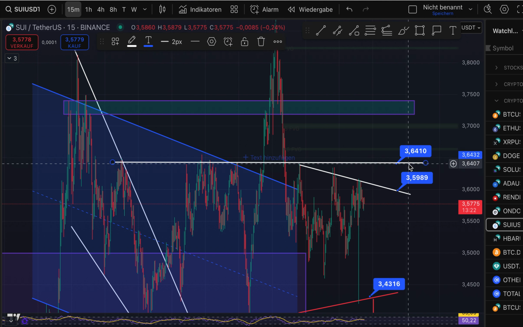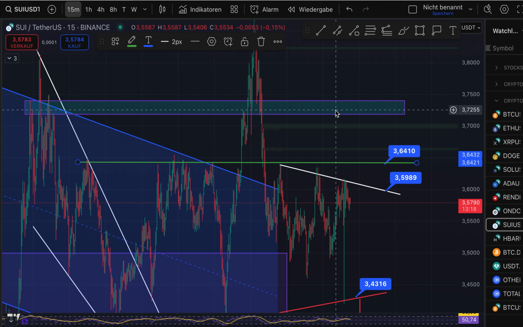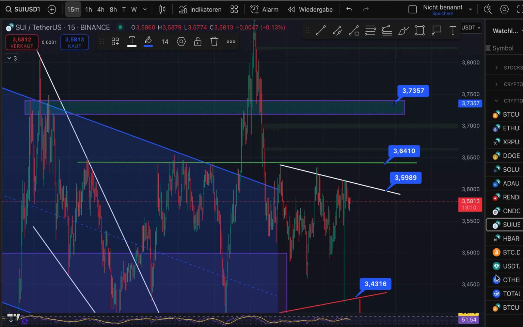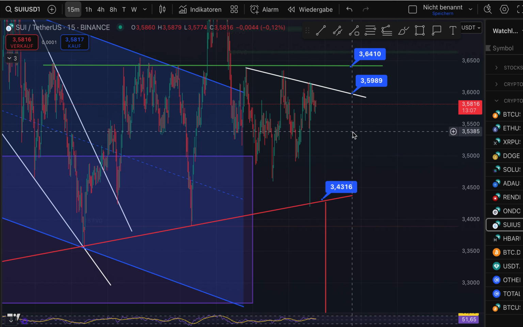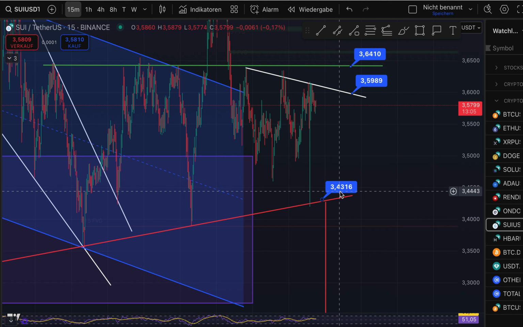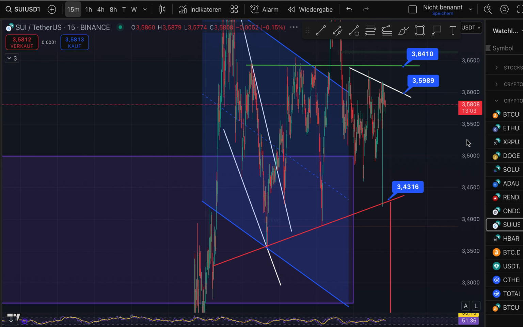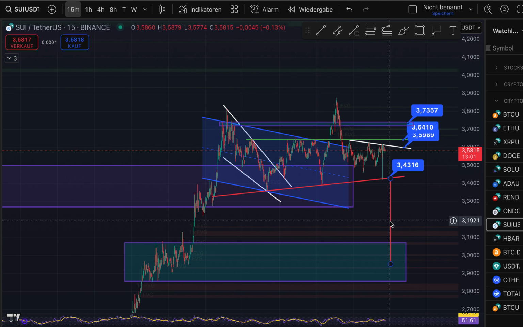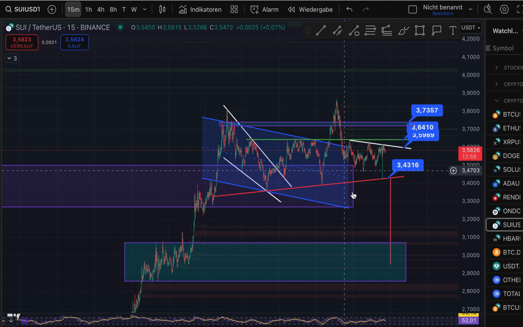But it would be long to me once we break the $3.64 to the upside, at least into the area $3.72 to $3.74 for SUI. If we break to the downside, the $3.43 at the moment, then this here is a double top pattern.